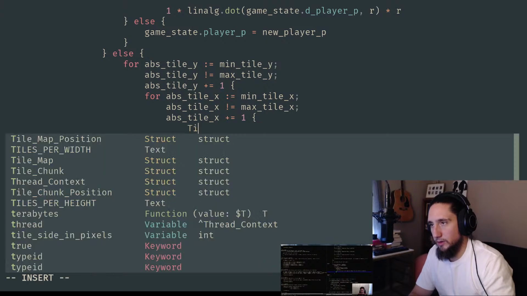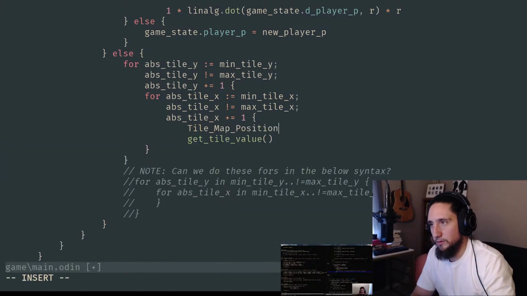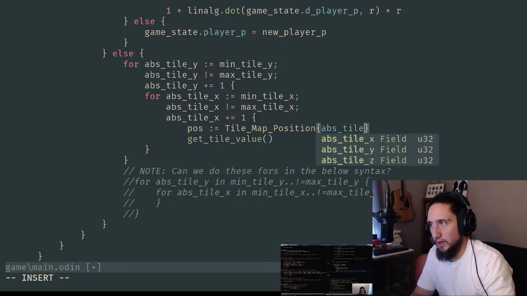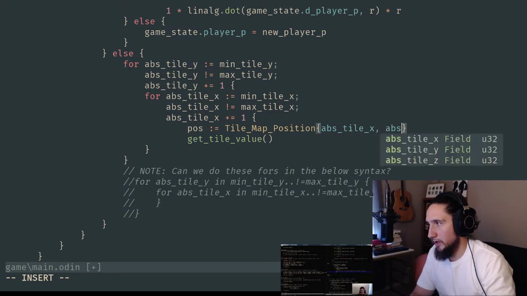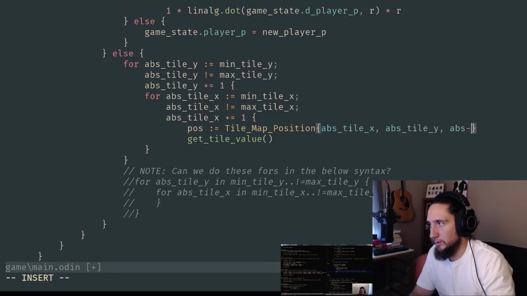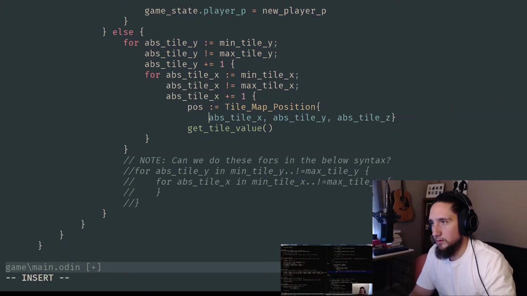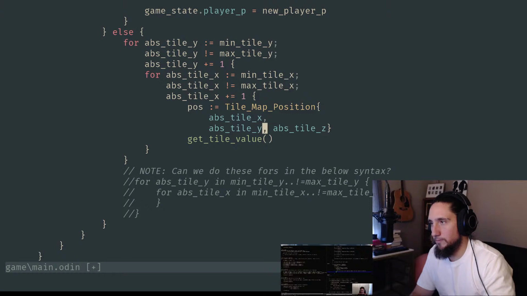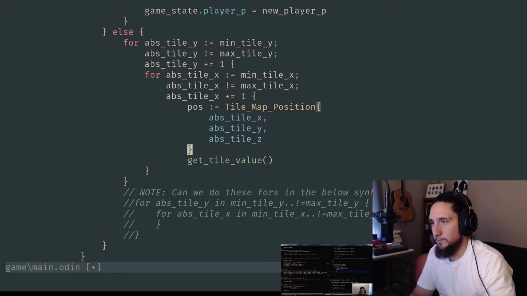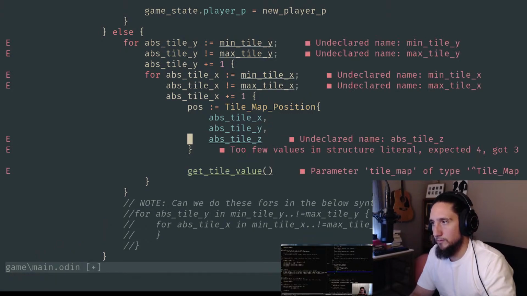So we would say tile map position, well, we'd say pose equals this, and ab style X, ab style Y, ab style Z. Those are all undeclared, too few values, right?